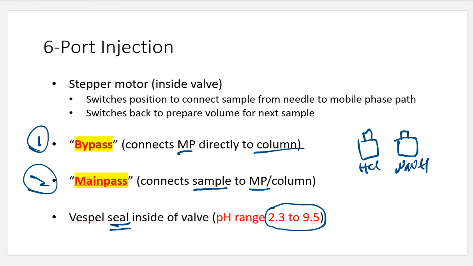So yet again, that is the whole reason not to use concentrated acids and bases as mobile phases. If I have to add acid or if I have to add base to a mobile phase, I'm going to prep it myself. And I'm going to mix it in the mobile phases myself.